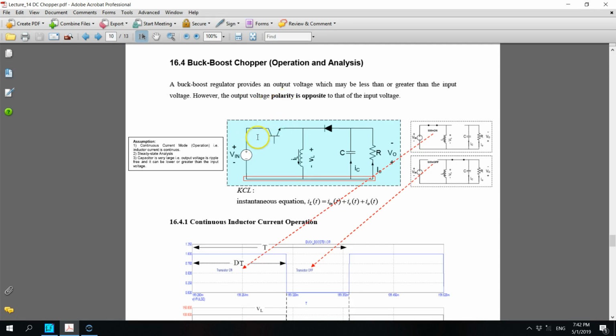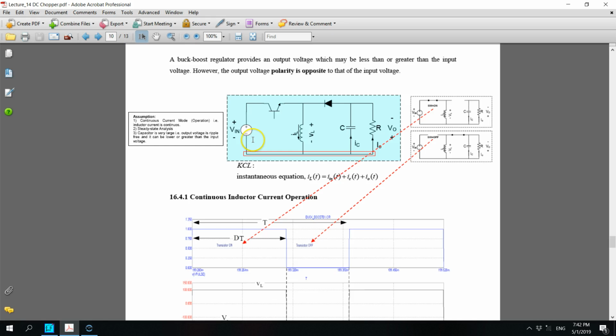Right, so to understand the circuit, we need to consider two states of the switch: the on state, when the transistor is on, and the off state, when the transistor is off. These are the signals to the transistor, where you have a pulse of 1, then 0 when you switch off, then 1 again.